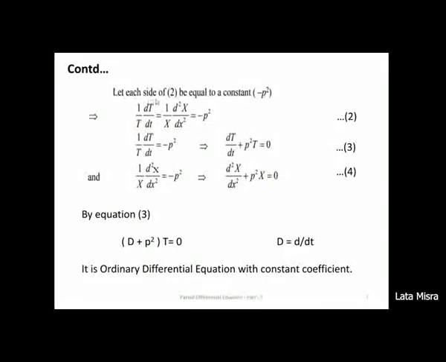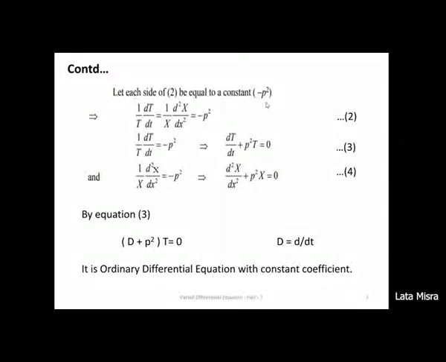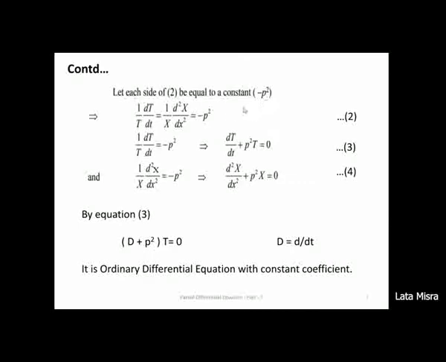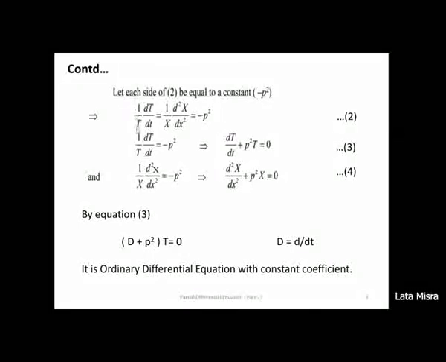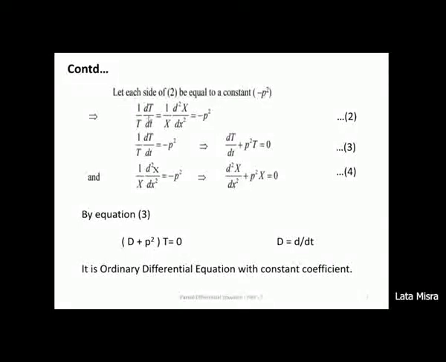Let each side of equation 2 be equal to some constant, and let it equal minus p square. We can take lambda p square also, but here we are taking minus p square. So we have 1/T dT/dt equals 1/X d²X/dx², which is equal to minus p square.